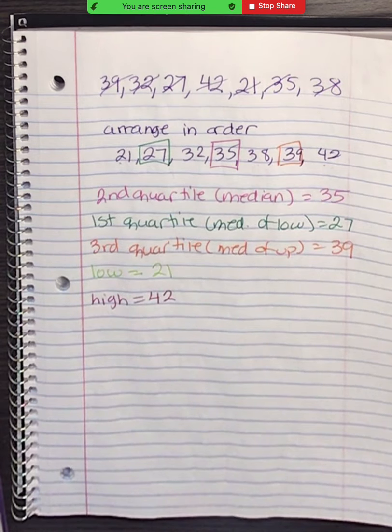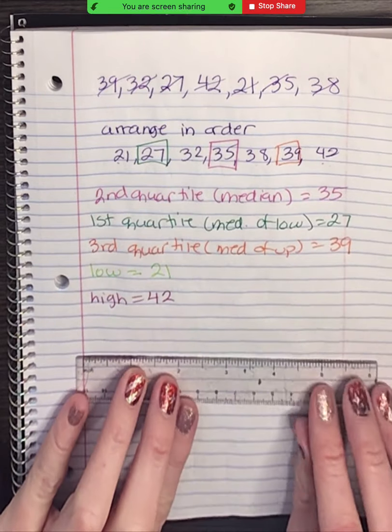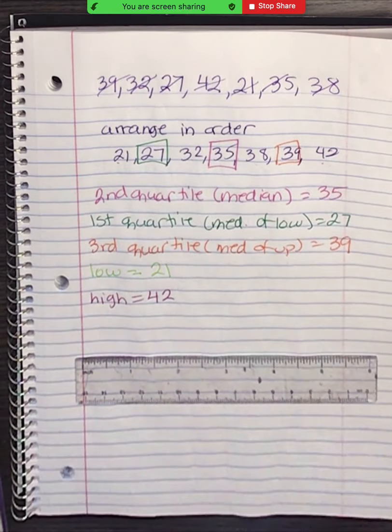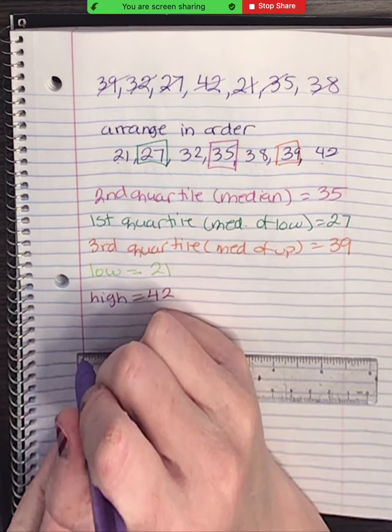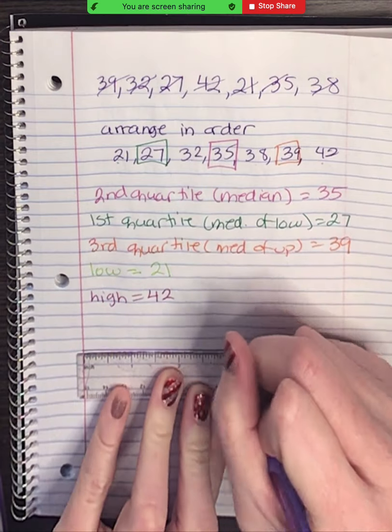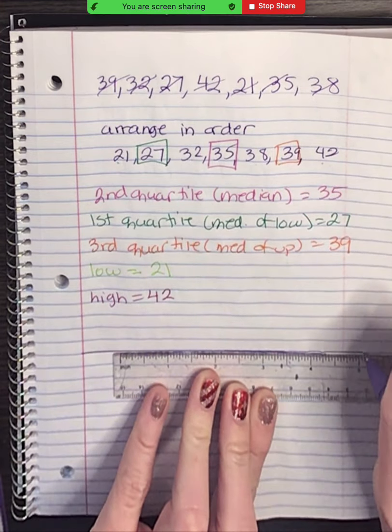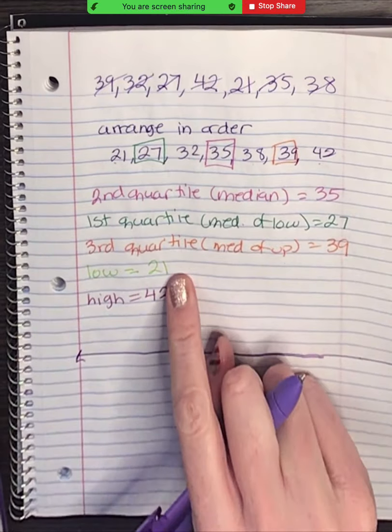So to draw your box and whisker plot, you're going to draw a number line. I suggest putting it either above or below the number line. Sometimes people draw it on the number line. I think it's a little harder to see that way, but as long as it's marked. Okay, so I have my number line. It needs to go from 21 to 42.